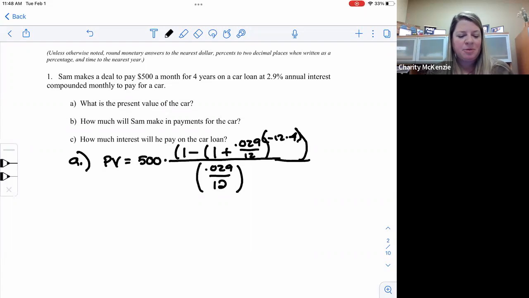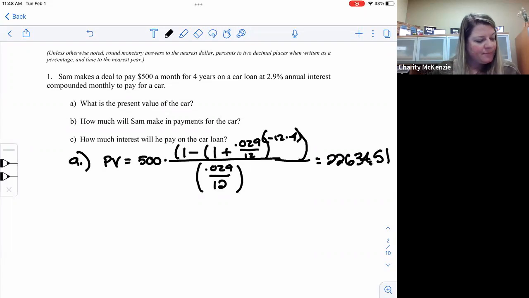If you don't put all those parentheses in, you don't end up with the right answer. So the present value is $22,634.51. Or you can round to the nearest dollar like the directions said. I always go cents. I don't know why the directions say to the nearest dollar. Usually it's to cent.